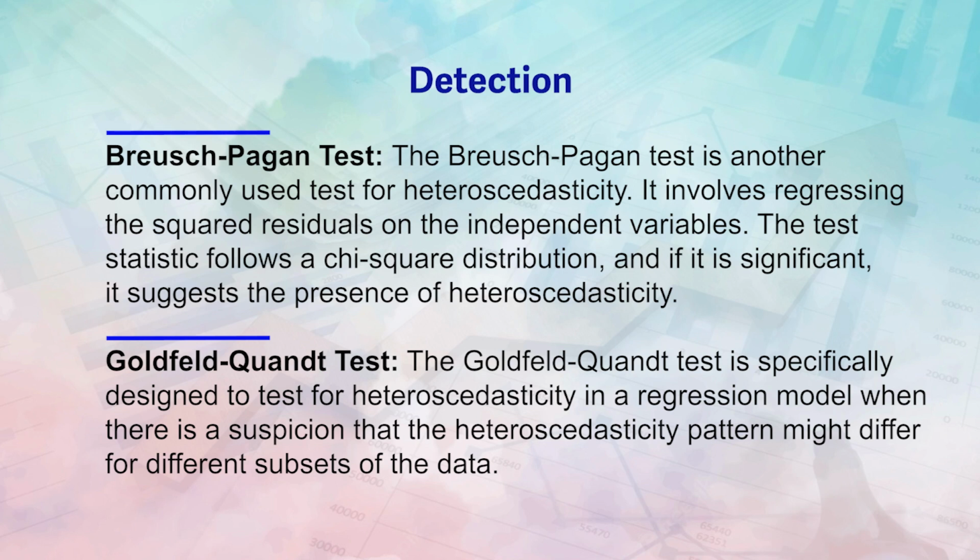But in the Goldfeld-Quandt test, one of the disadvantages is this: it divides the data set into two segments and conducts the test on the different subsets of the data, so that the variance of each subset is significantly differing from the other. That means whether the variance of the first subset and the second subset differ from each other. Another important method which is used to accommodate the problem is the robust standard error.